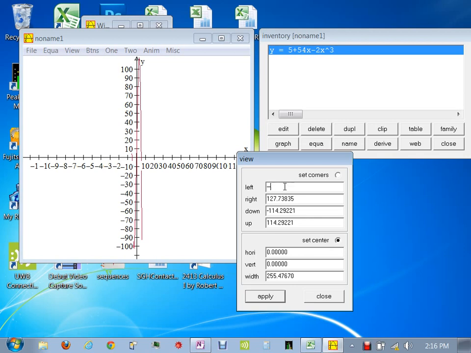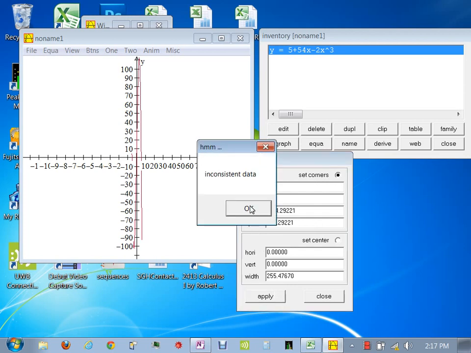Let's go negative 10, 10. Inconsistent data.